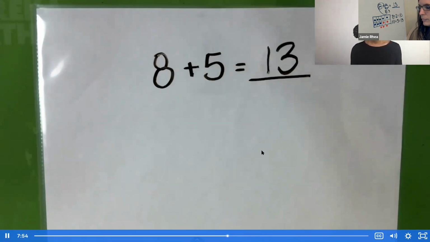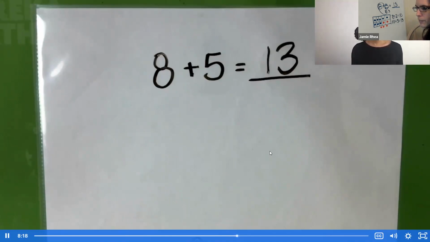So once again, we started off with 2 numbers that have no tens. 8 has no tens, and 5 has no tens. But when we added them together, we got an answer of 13, which has 1 10 and 3 ones.